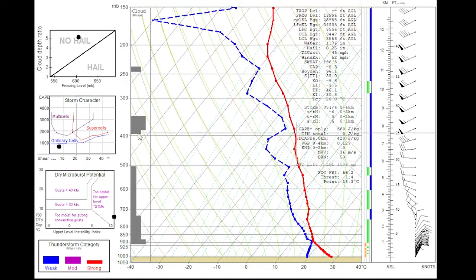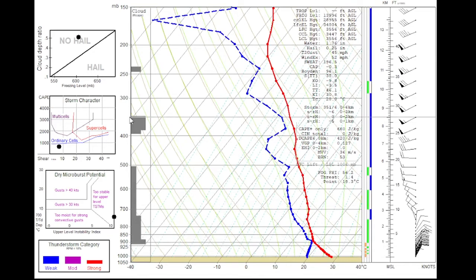Just above 400 millibars is over 23,000 feet, so we have some high clouds. And then the 250 millibar level, that's right at 34,000 feet, so we could have some clouds in that level too, based on just looking at clouds.